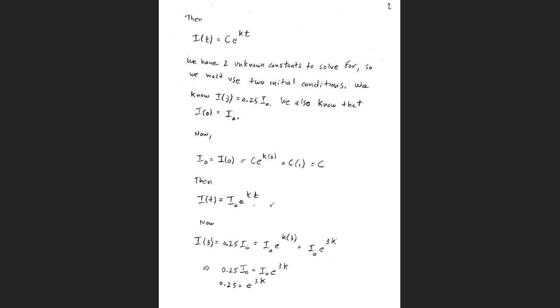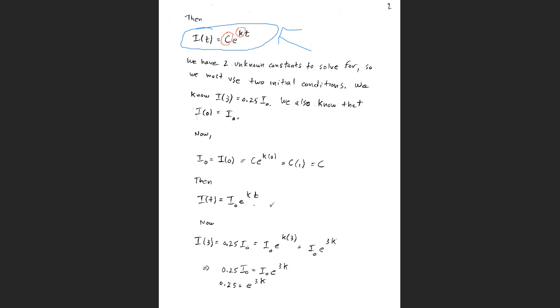So this is our solution, but again, this is a general solution. And you notice here that we have 2 unknown constants. We have our big capital C and we have our lowercase k.